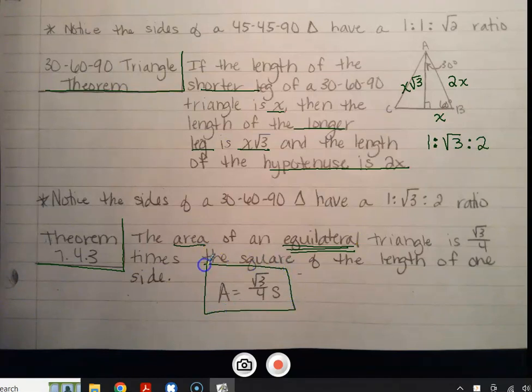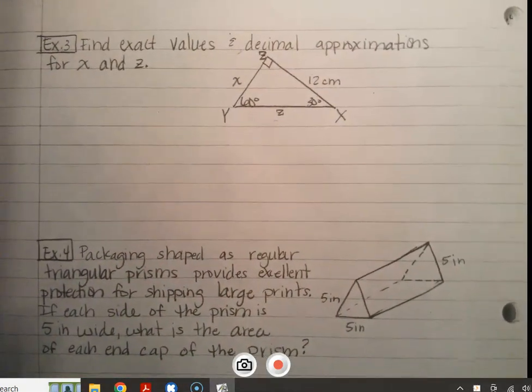This is going to be helpful if you have an equilateral triangle, but you don't know the height or the altitude in that triangle. You don't actually have to know it because you don't have to use the base times height formula. So that works out really well when you don't have it. So let's flip over and apply these two theorems to our example problems there.